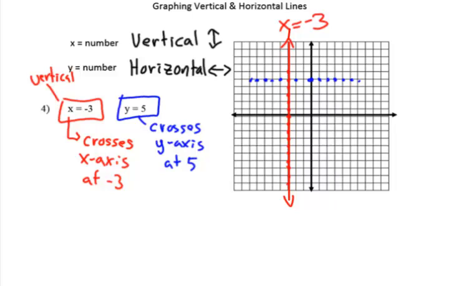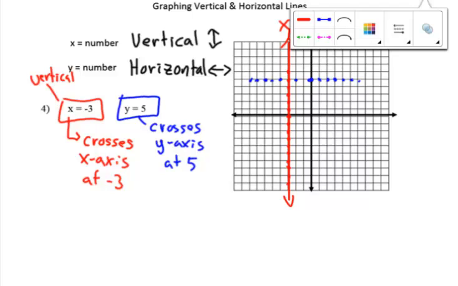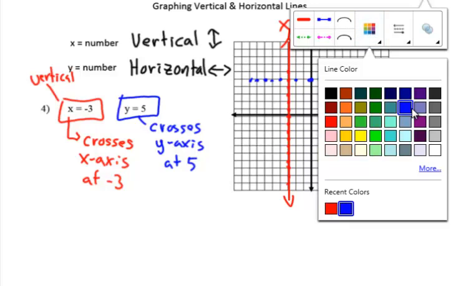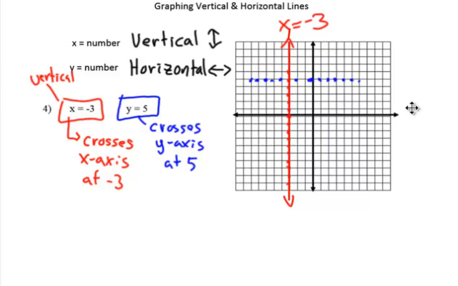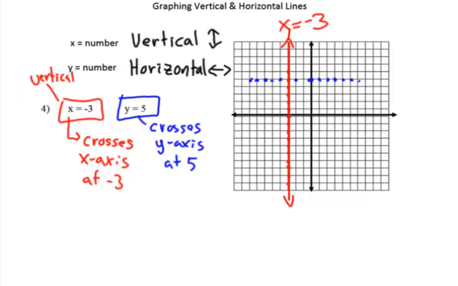So you get your straight edge. Get us with a blue color. We're going to draw our line at y equal to 5. That's where we're going to draw the line there. And you have ourselves a horizontal line.